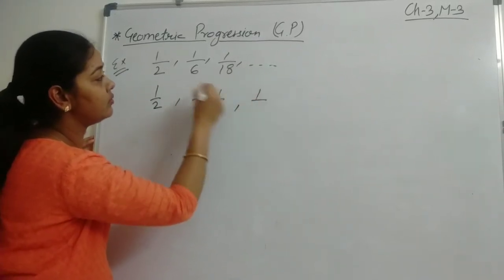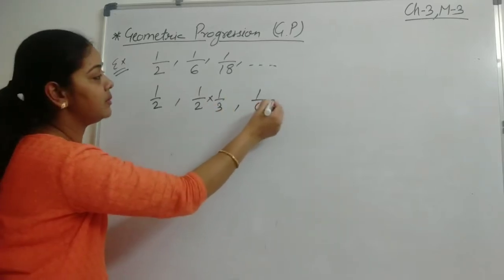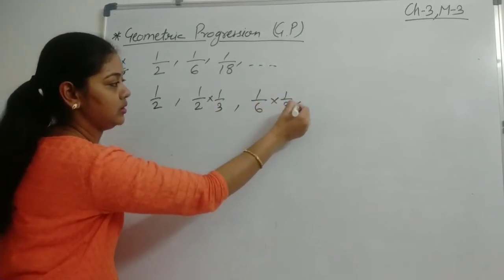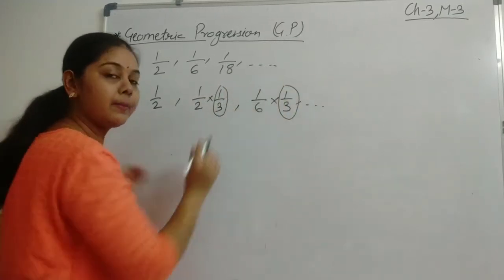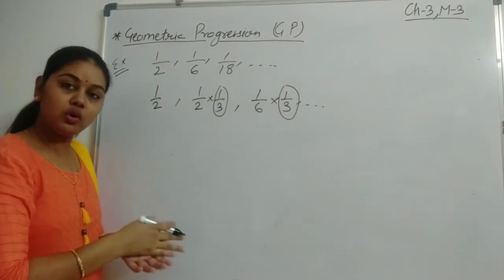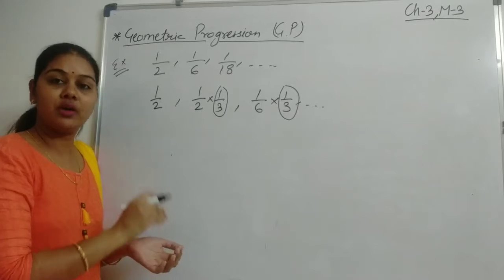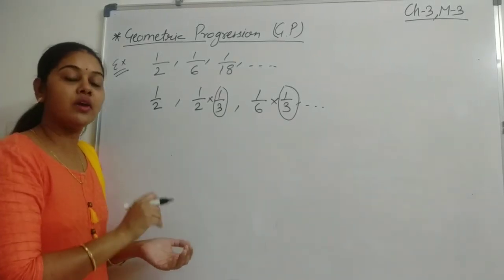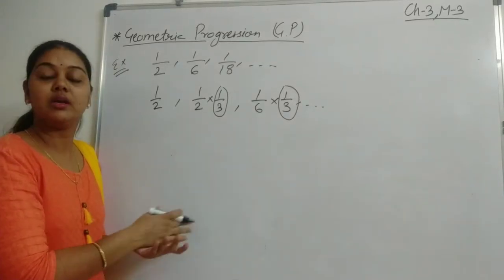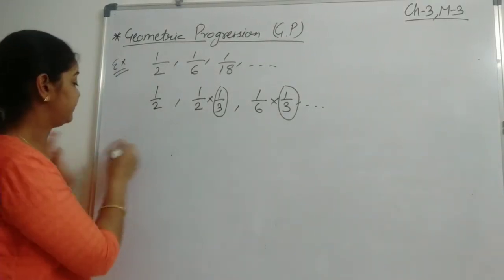Again the third term we get when the second term is multiplied by 1 upon 3. Each time we are multiplying with the same term. So this is a GP. When we are adding the same term, that is called AP, and when we are multiplying with the same term, that is called GP.